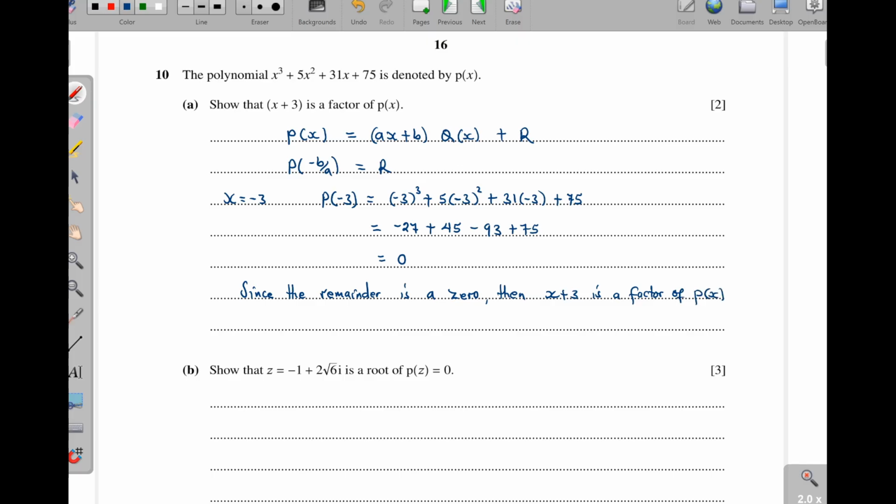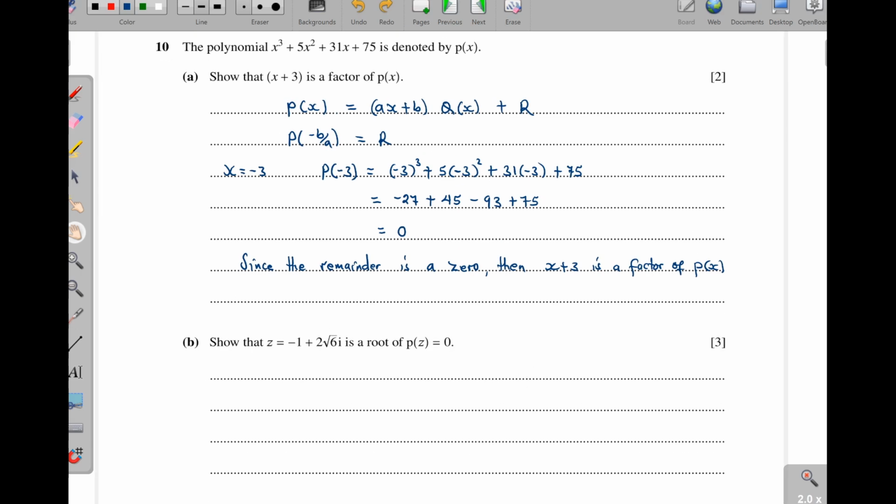Then next, part B, show that z is equal to this is a root of p of z. Now, we are going to substitute in here. Then we shall need negative 1 plus 2 root of 6 of i. We shall need the square because we can see it, and then the cube.